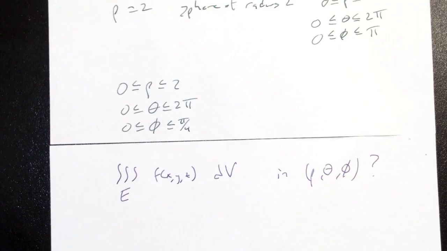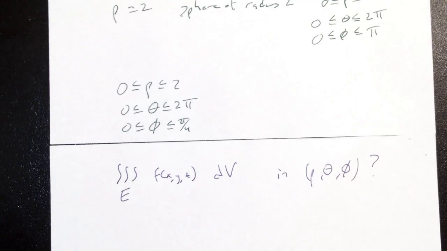The problem with working in spherical coordinates is the same problem we had working in polar. My little box doesn't look the same anymore. When we did polar, it got bigger as we went out, right? That's why it's r d theta. But now it's going to get bigger this way too as we go out.